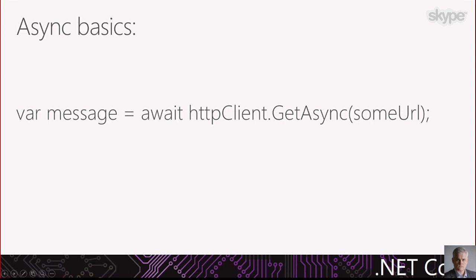So this could allow, for example, the UI thread to continue to receive input from the user so that any swiping or clicking operations will be accepted by the user interface, or in a server scenario, it would allow that thread to begin processing a different request.